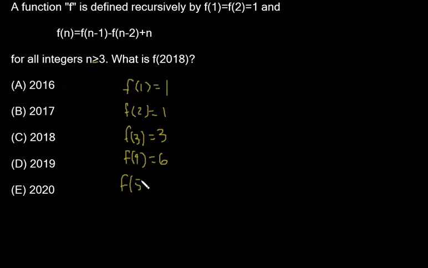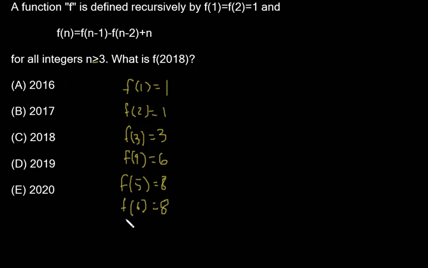F of 5 is equal to 6 minus 3, which is 3, and then plus 5 is 8. F of 6 is 8 minus 6, which is 2, plus 6 is 8. We're just going down until we see a pattern.